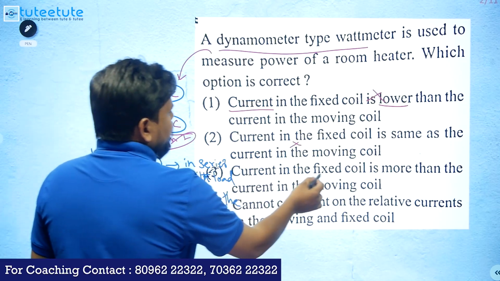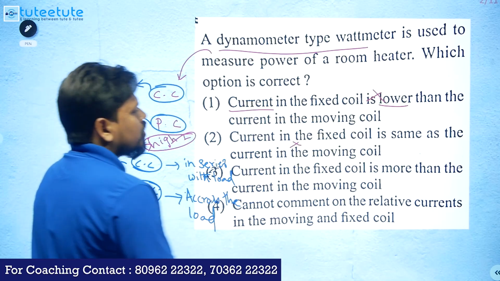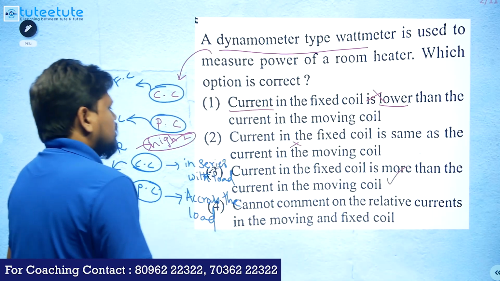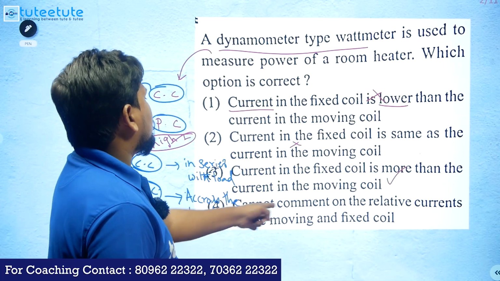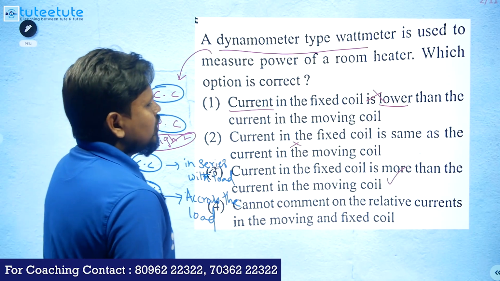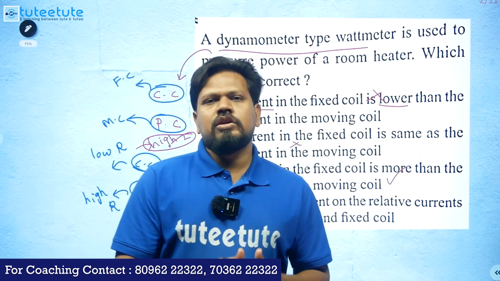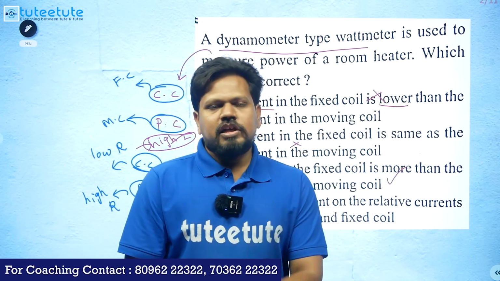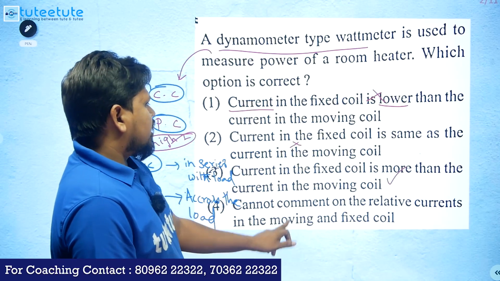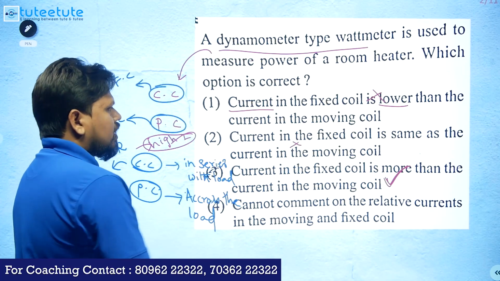Current in the fixed coil is more than the current in the moving coil, this is the correct one. Cannot comment on the relative currents in the moving and fixed coil: whenever they have not mentioned any application, if it is at the designing stage only, then this option is correct. Otherwise the option about fixed coil current being more is the correct one for this question.